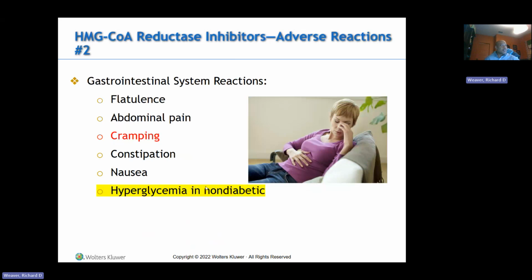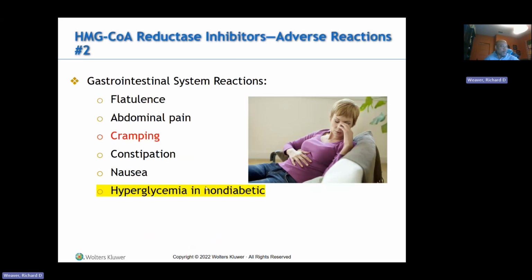As far as the GI system reactions, flatulence or gas, abdominal pain, cramping. They like to ask you questions about cramping with this particular drug. Also, it affects the muscles, like rhabdomyolysis or myopathy, because it's toxic to the muscles.